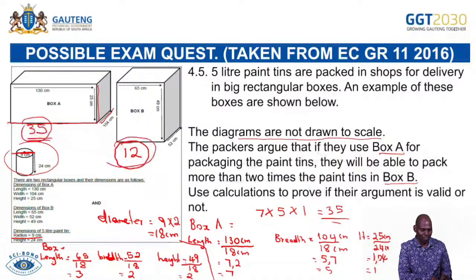If I take 12 and multiply by 2, it is 24, and in this case I've got 35. So their argument is valid. You need to indicate somewhere that their argument is valid.